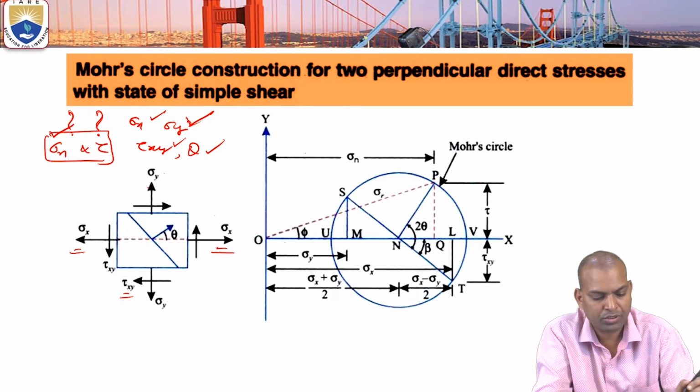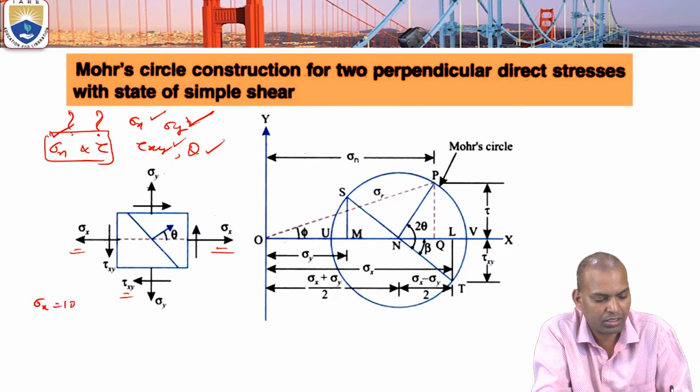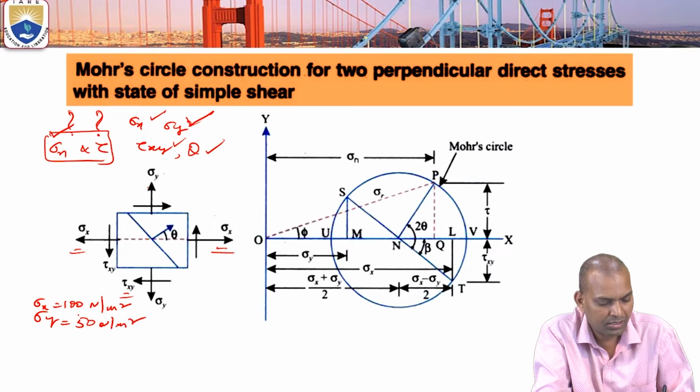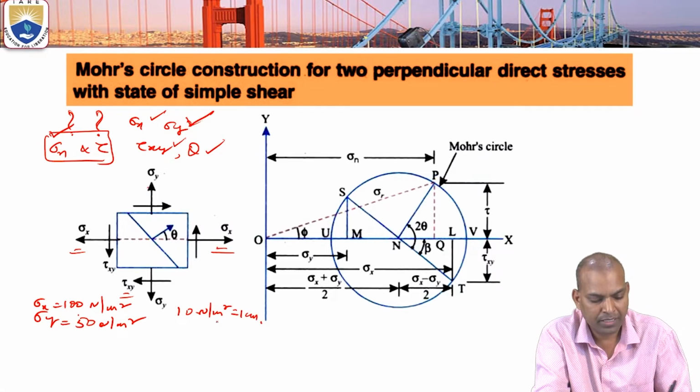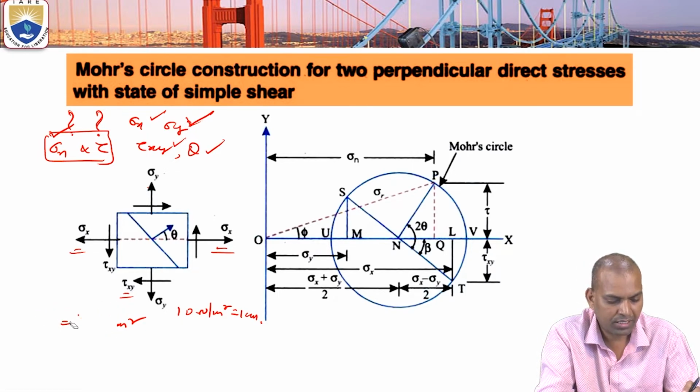Suppose sigma x equals 100 Newton per meter square and sigma y is a smaller value, 50 Newton per meter square. Consider 10 Newton per meter square equal to 1 centimeter. In that manner you consider it. I am showing you an example. So take the required scale.